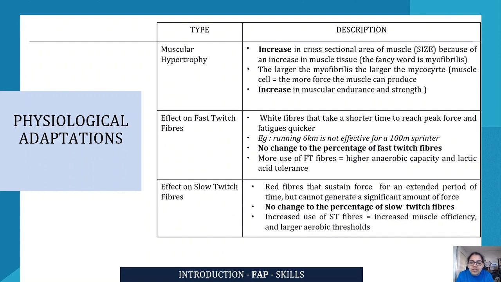So the opposite of that is our slow twitch fibers. Now, these are red fibers that actually sustain force for an extended period of time, but cannot generate a significant amount of force. So no change to the percentage of slow twitch fibers as a result of training. And increased use of slow twitch fibers will actually lead to increased muscle efficiency and larger aerobic thresholds.